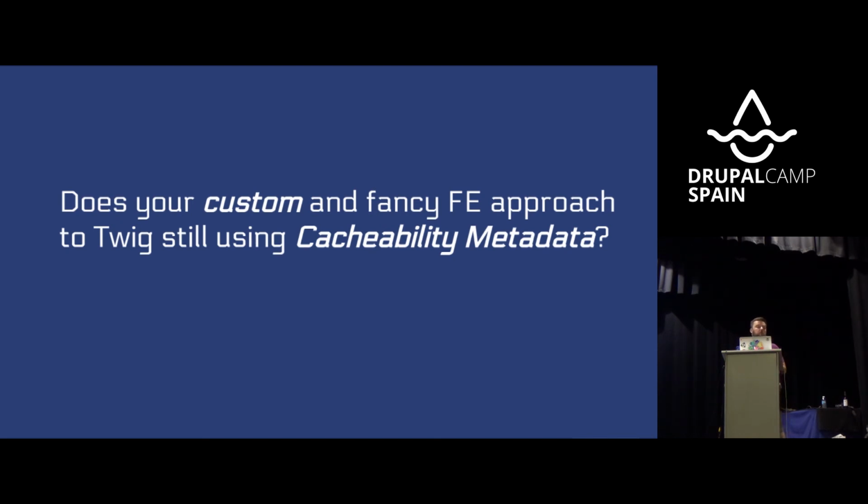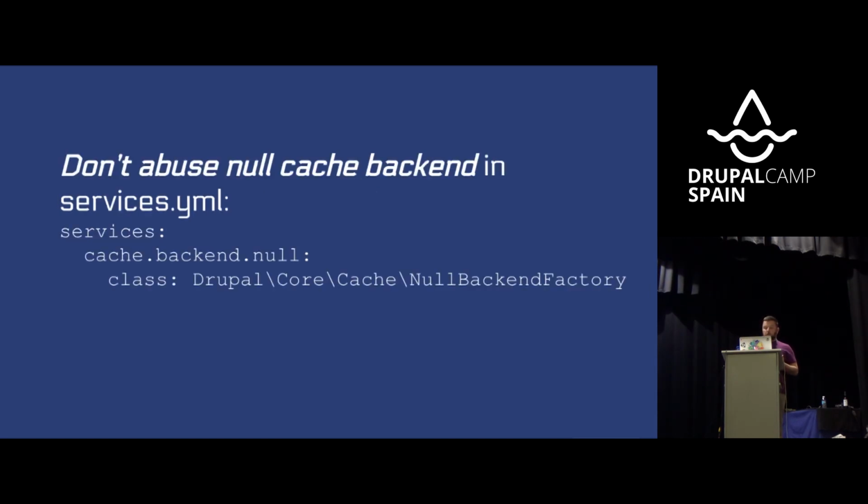If you're using something really custom and really fancy in your front end, be it some sort of detached, decoupled front end, or just a really new and shiny pattern library approach, consider whether your Twig approach still uses cacheability metadata. It's important. And finally, I've seen developers disabling the cache backend by setting it to the null cache backend service.